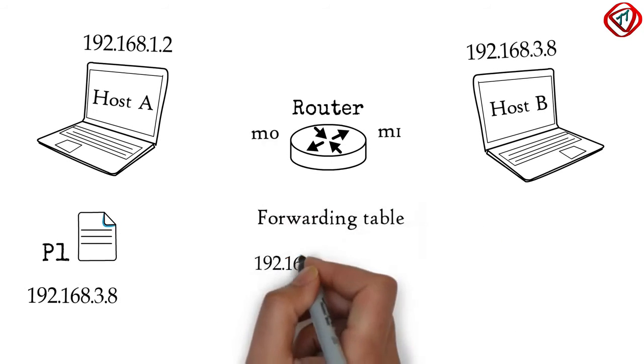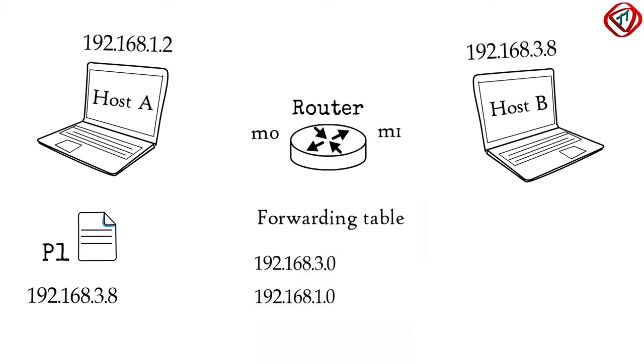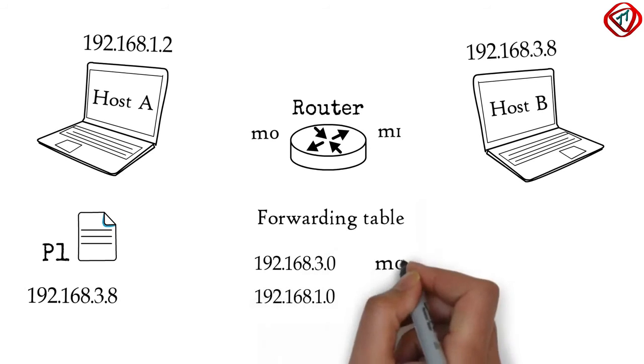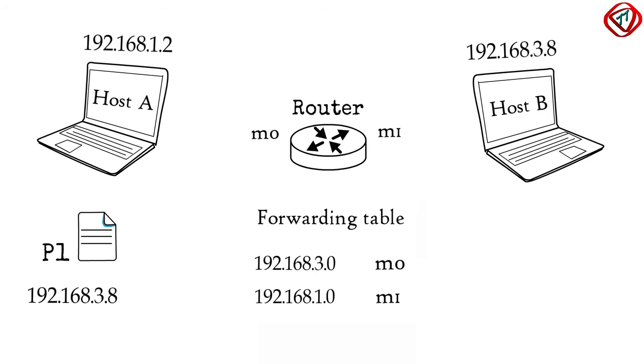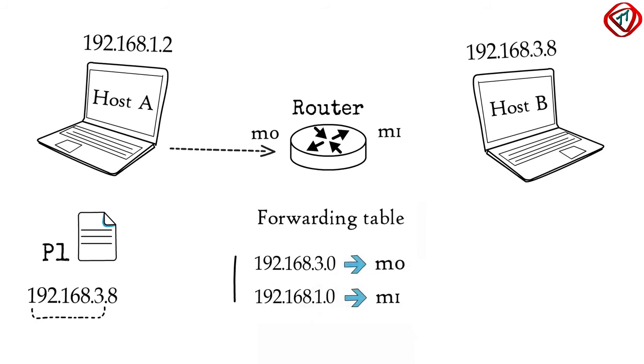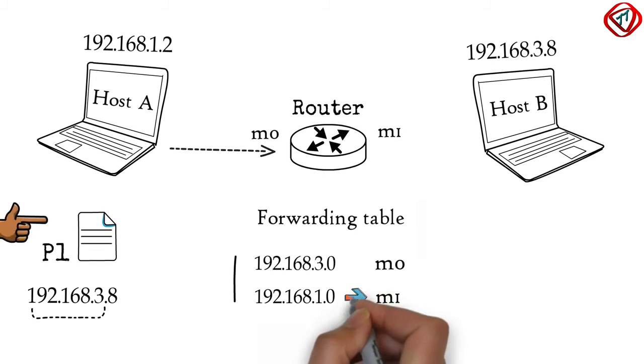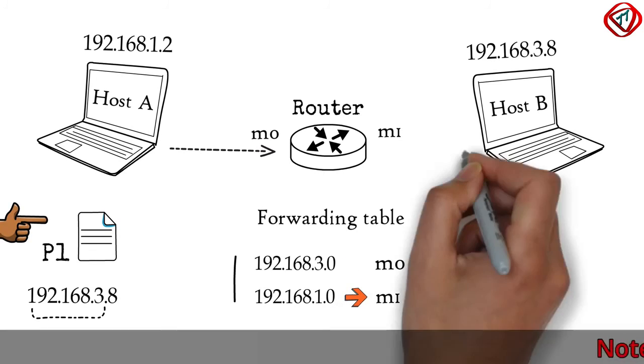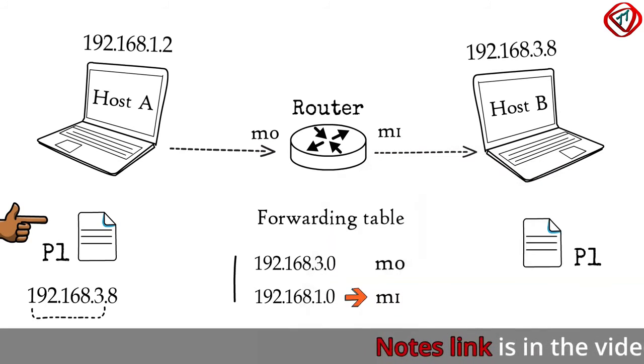It maps a portion of the IP address or network address to the router's link interface. When a router receives a packet, it matches the prefix of the packet's destination address with the entries present in the table and forwards the packet to the corresponding outbound link. In the current case, the packet from host A is forwarded to link interface M1. Finally, host B receives the packet.